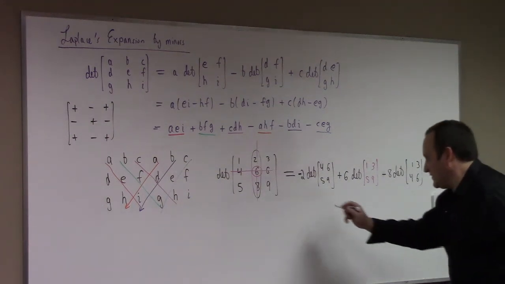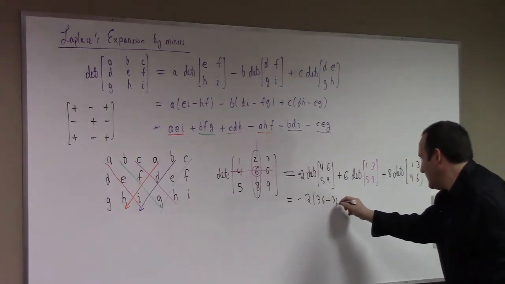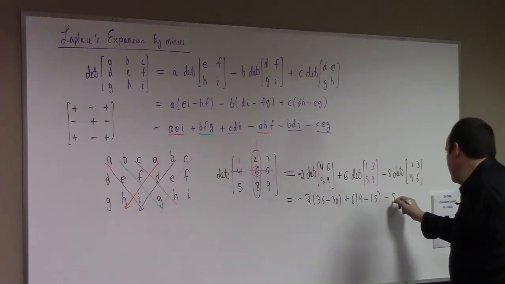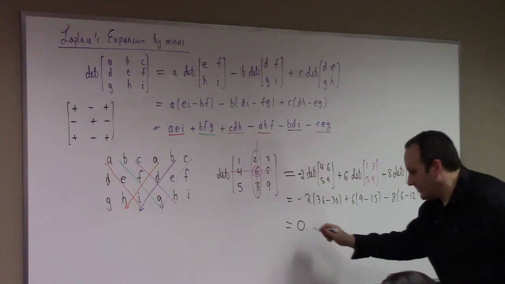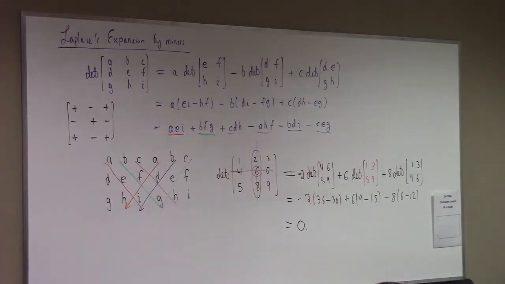And so whatever that works out to, you got minus 2 times 36 minus 30 plus 6 times 9 minus 15 minus 8 times 6 minus 12, which is 0. I know in my heart it's 0. I haven't done the arithmetic, yes?